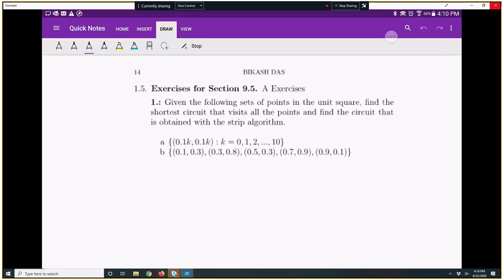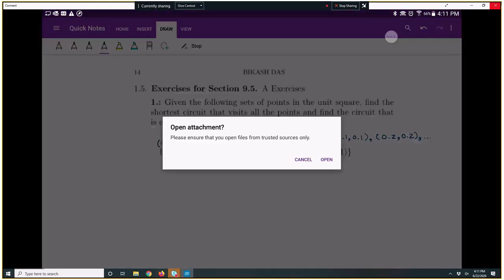And this first set here, set A, the way that we're going to interpret this 0.1k is as multiplication. So the points in this set are going to be 0, 0, 0.1, 0.1, 0.2, 0.2, up to 1, 1.